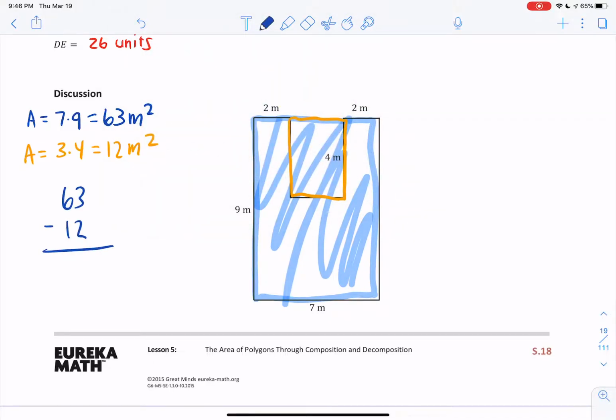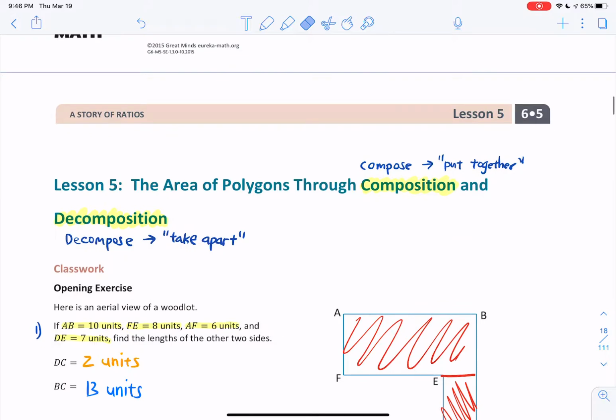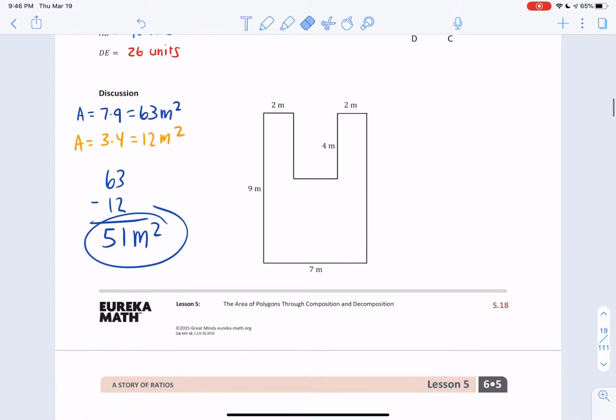The answer is actually going to be 51 meters squared. 51 meters squared is the area of the actual shape that I'm concerned about, which is like the fat U shape. So I did this problem by using a composition. I built it up. I put it together by adding on and then using a little bit of subtraction, number manipulation.